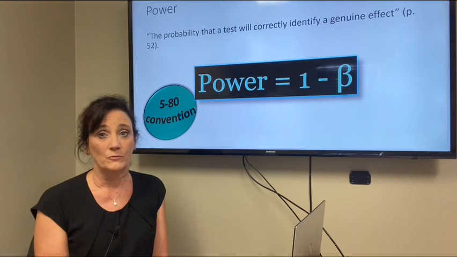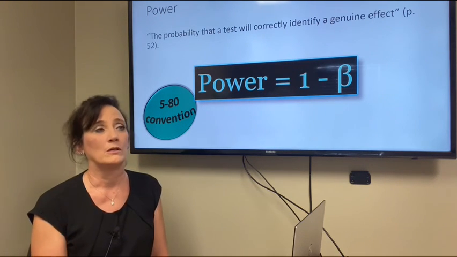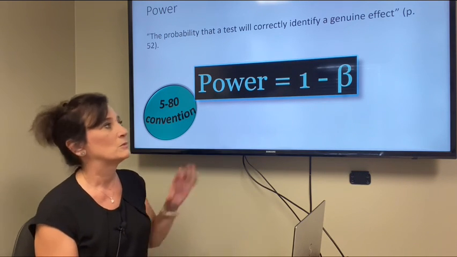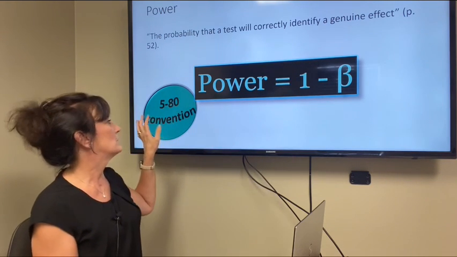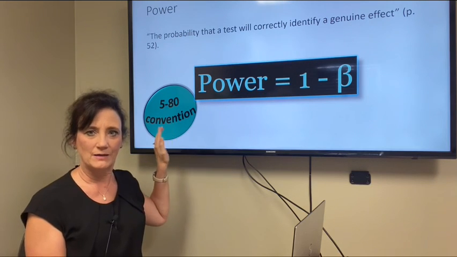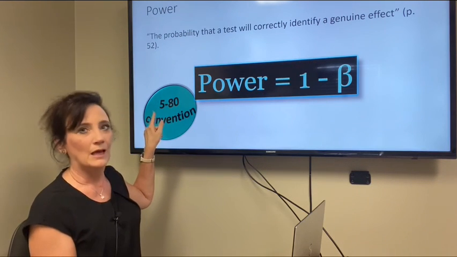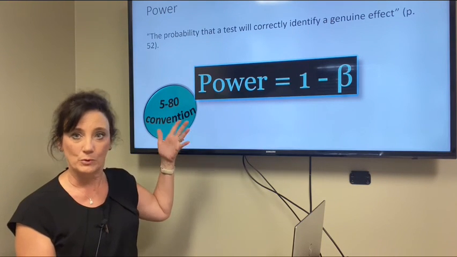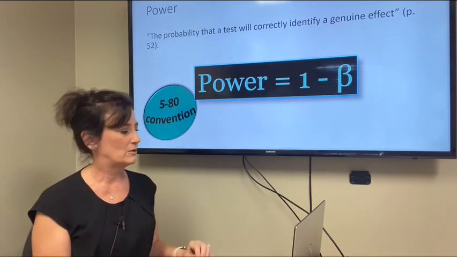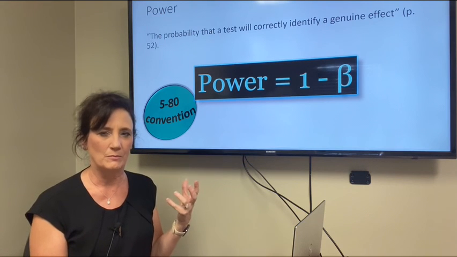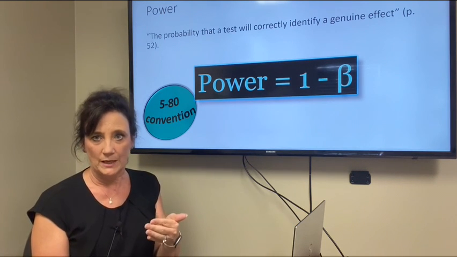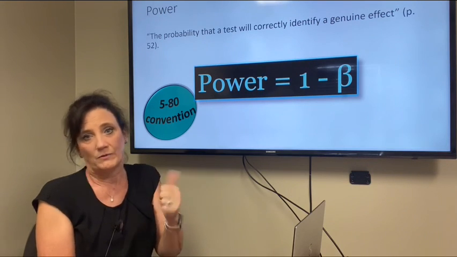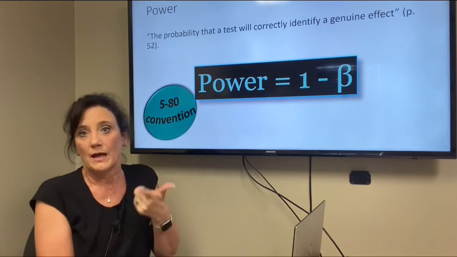And there is some freeware that you can download that I find very useful and used for a lot of my research. So, power, 0.8, described often as the 580 convention, meaning alpha is set at 0.05 and power is set at 0.8. So that makes it easy to remember that when you're planning a study, go ahead and set your alpha, usually at 0.05, and set your power at 0.8.